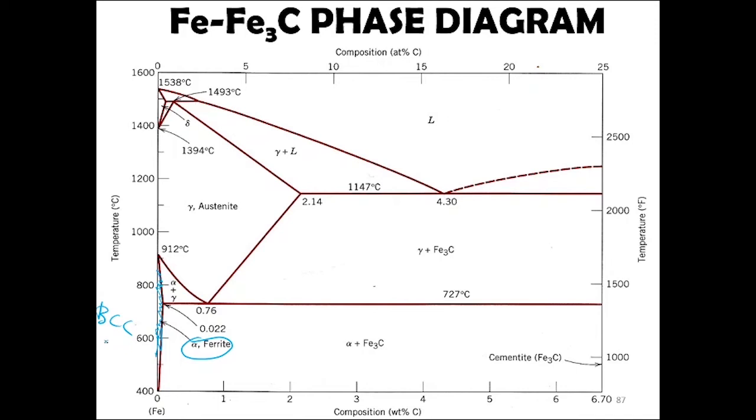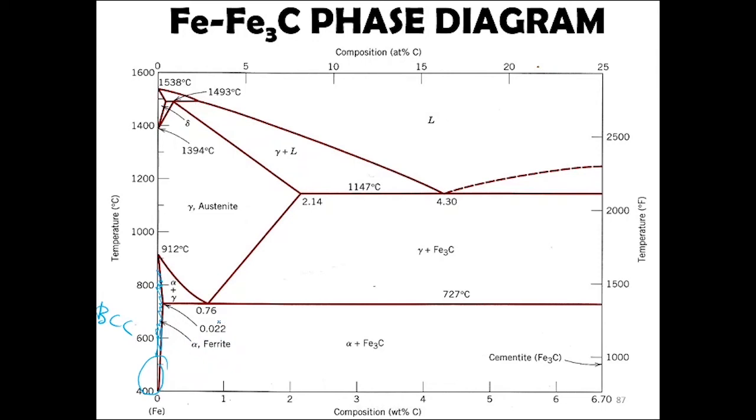It is the softest structure on the iron-iron carbide diagram. Stable form of iron at room temperature. As you can see, it is also available at low temperature.